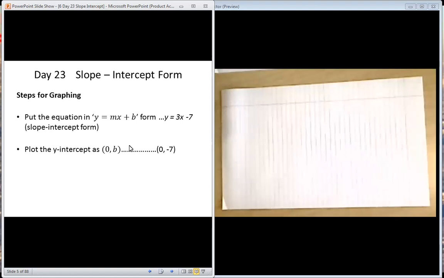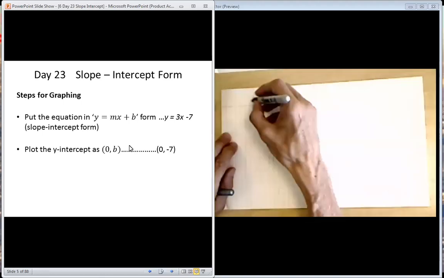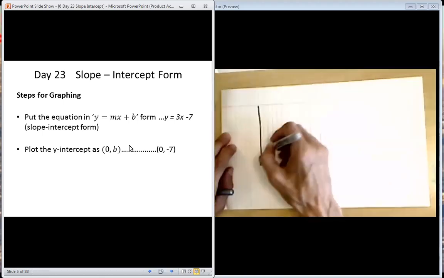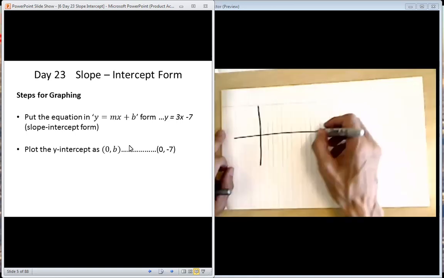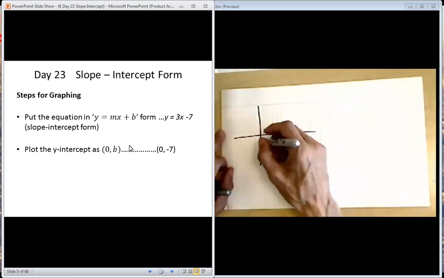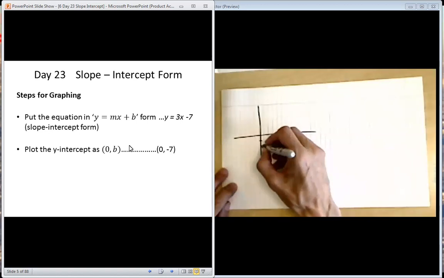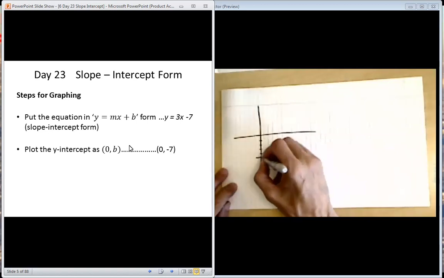Okay, so you do have to remember that the y-intercept is the number hanging there at the end, the minus 7 for this. And so we can put that on our graph to begin with. Right? There's our graph there. Try and leave some space down here. Minus 1, 2, 3, 4, 5, 6 and 7 like that.